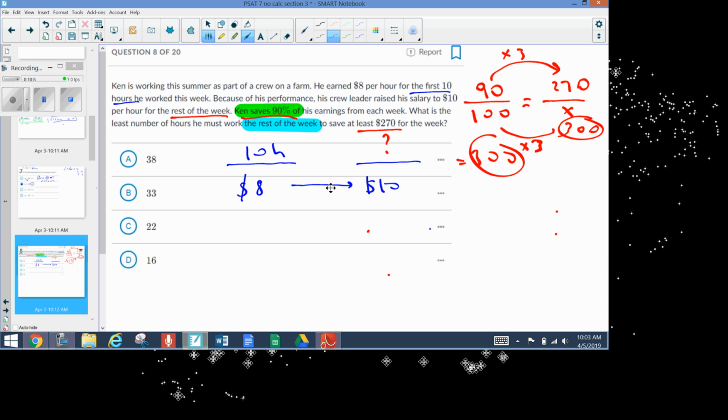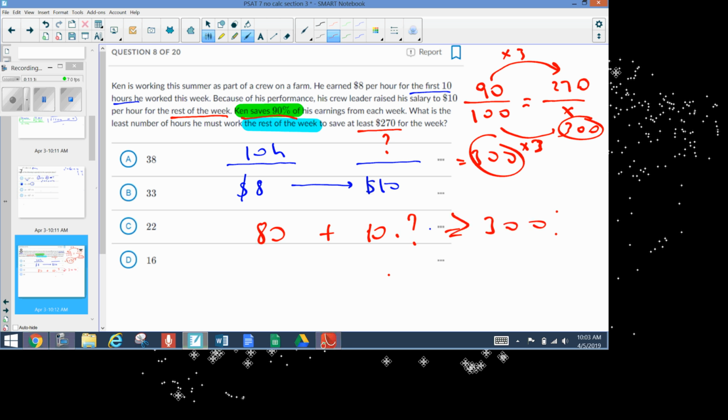So let's estimate. 1 hour he's earning $8 per hour. How about 10 hours? If he works 10 hours, how much money is he going to get? $80 from here, plus $10 times something should be equal to at least $300, right?